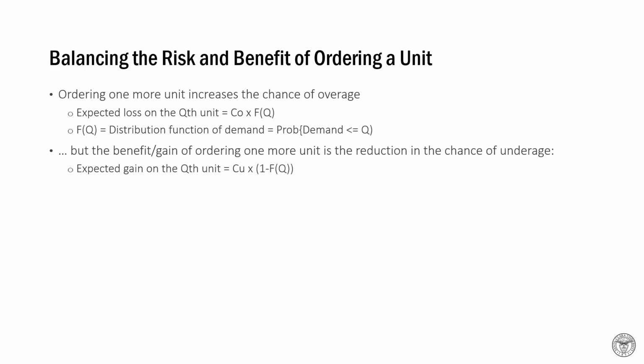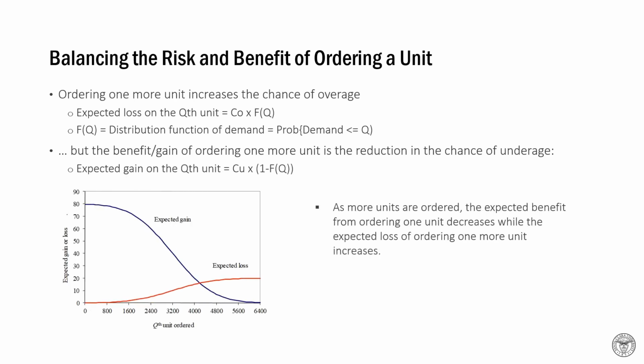The expected gain on the Qth unit is the underage cost, CU, multiplied by the complement of the distribution function of demand, 1 minus F(Q).